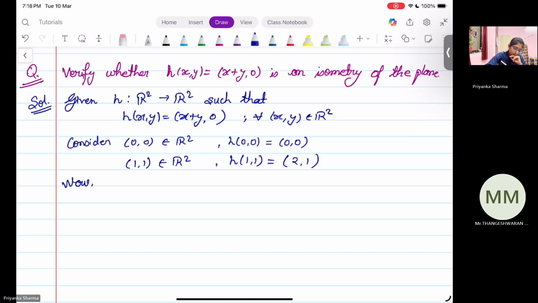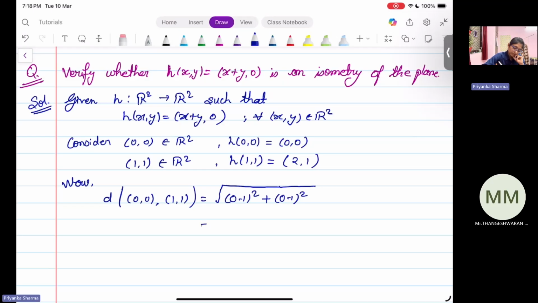Now, the distance between these points (0, 0) and (1, 1) is square root of (0 minus 1) whole square plus (0 minus 1) whole square. That is square root of 2.